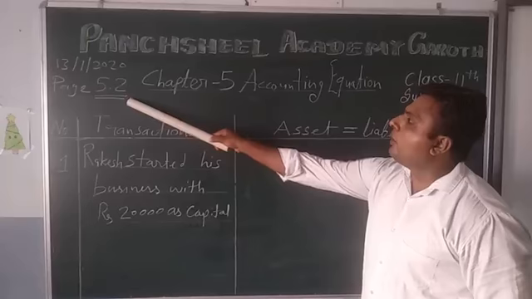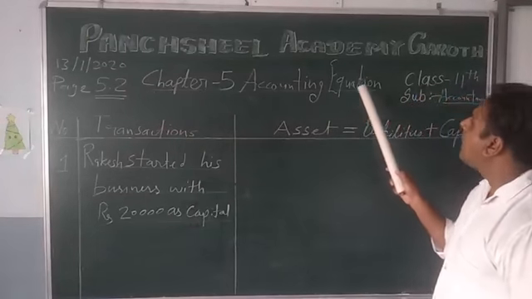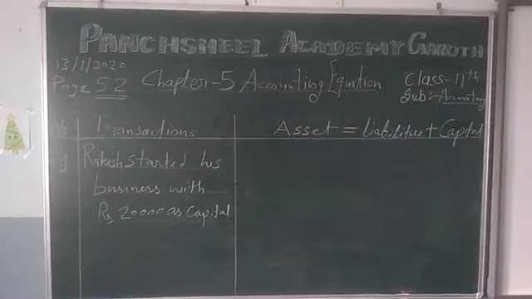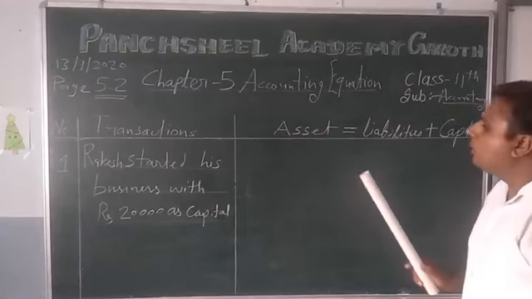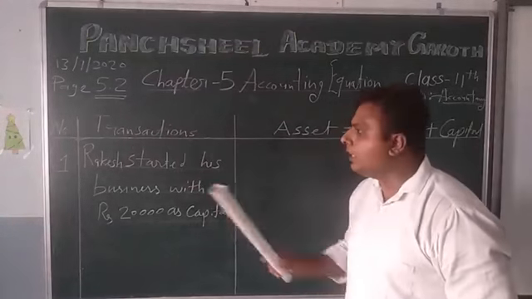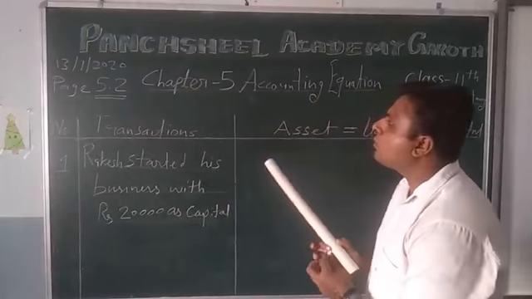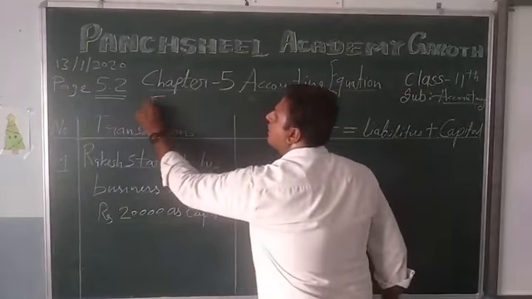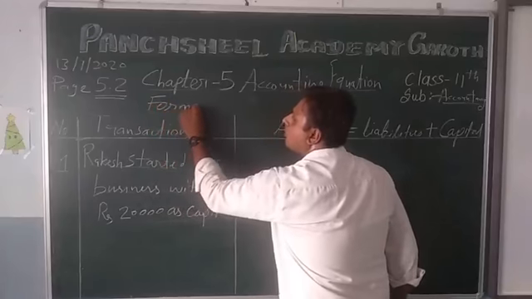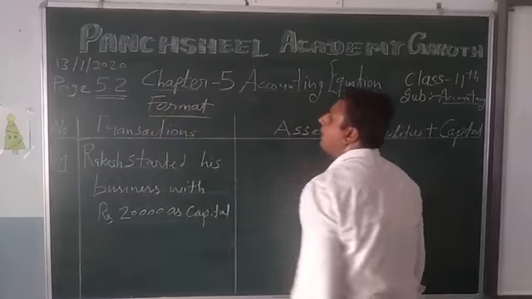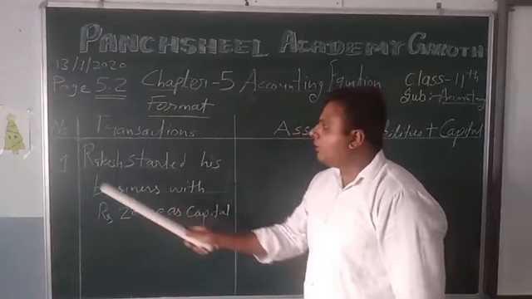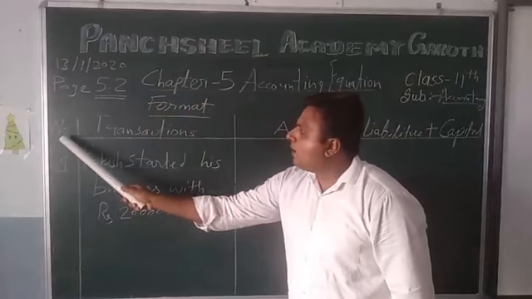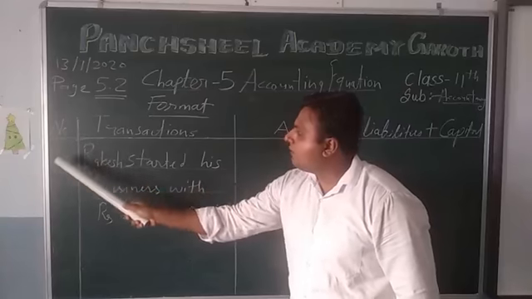Page number 5.2, chapter number 5, accounting equation. Here I am showing you the format, how you have to do it. First of all, you have to write serial numbers 1, 2, 3, 4.